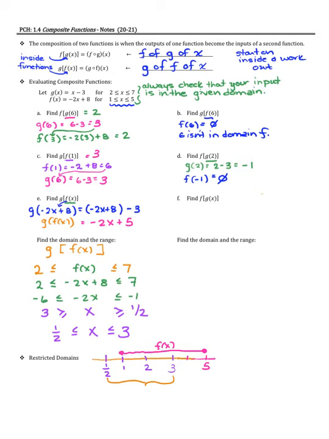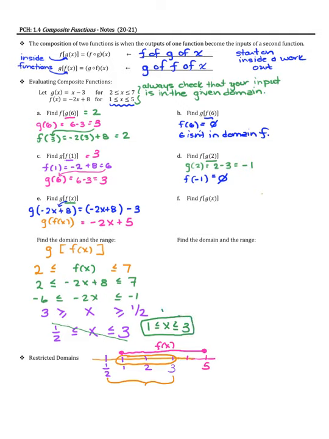The intersection is going to be from 1 to 3, because 1/2 is outside the domain of f of x, so you can't plug in a 1/2, that's the first thing you're plugging into. 4 or 5 is outside the domain of the composite function, so it wouldn't work. So our final answer here for the actual domain is going to be from 1 to 3.